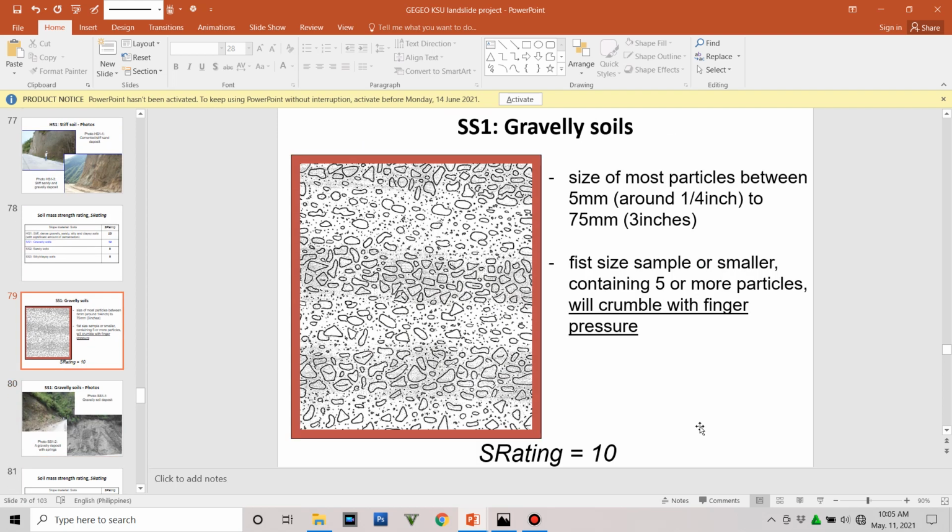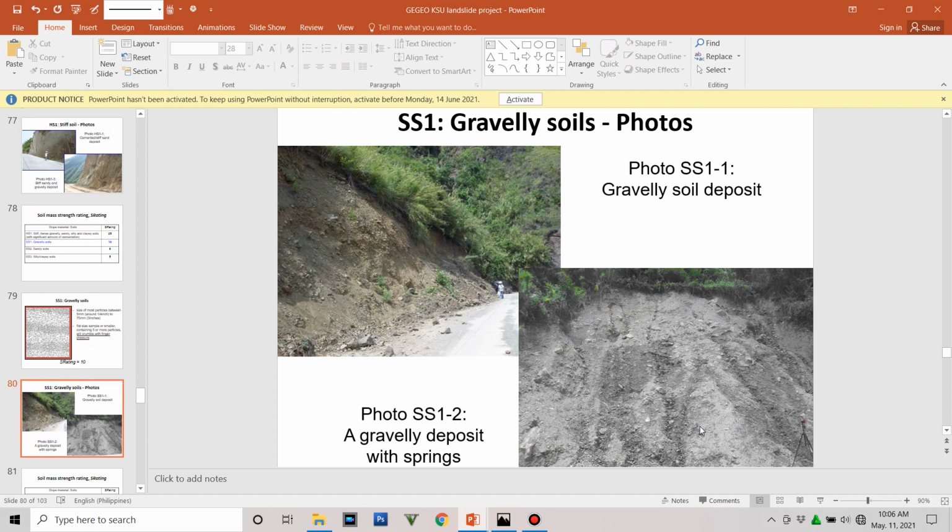Fist size sample or smaller containing 5 or more particles will crumble with finger pressure. So if we're going to have a finger pressure on that sample, it will crumble. So this is the indication na gravelly soils na to. So the S rating is 10.